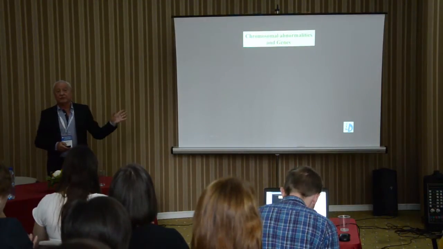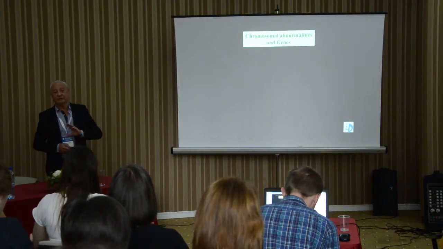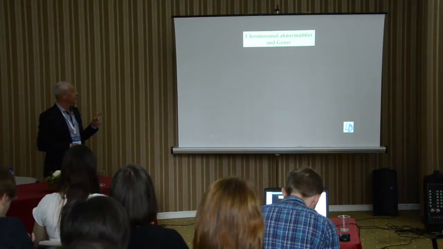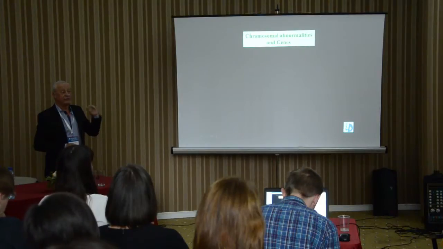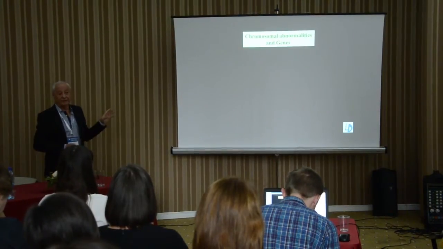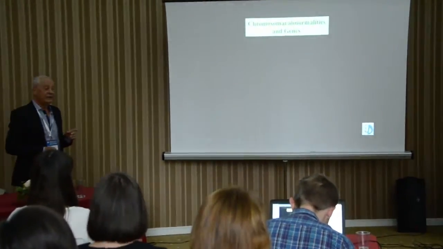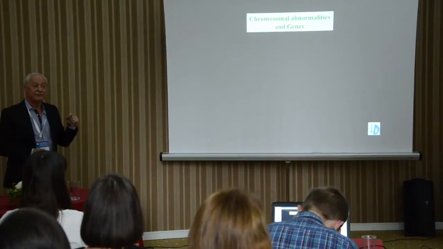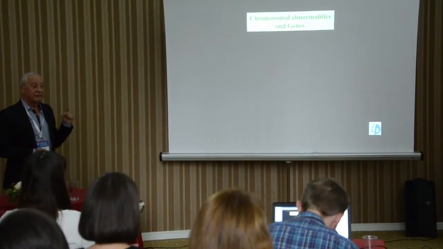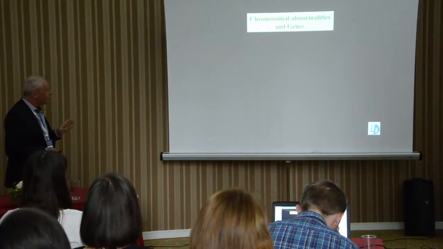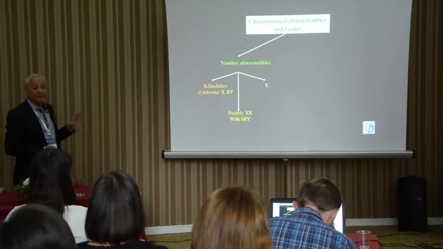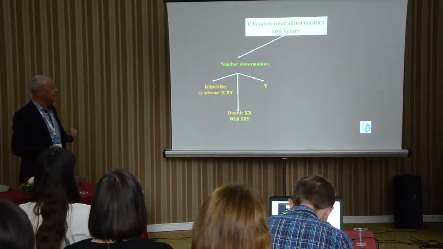You have the chromosome and the chromatin, two things on the DNA. The chromosome is the carrier of the genes, the genotype. And the chromatin is the carrier of the epigenetic information, and it's for the phenotype. Normally, for the chromosome abnormalities, we have two kinds of abnormality.